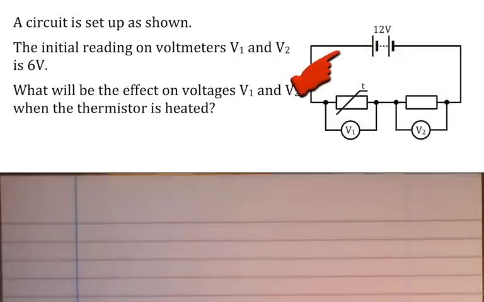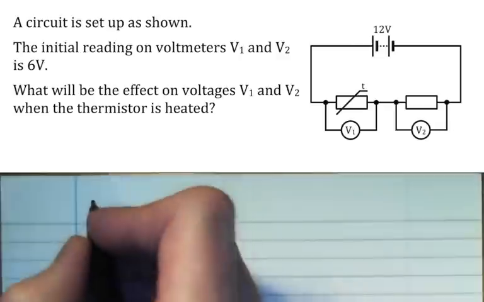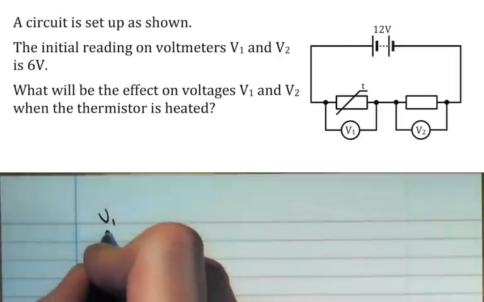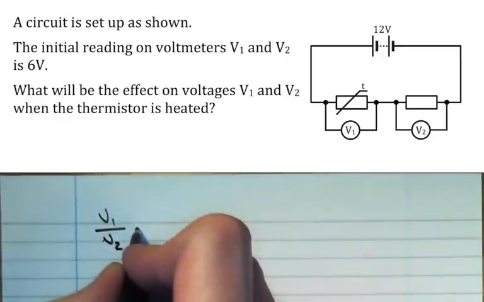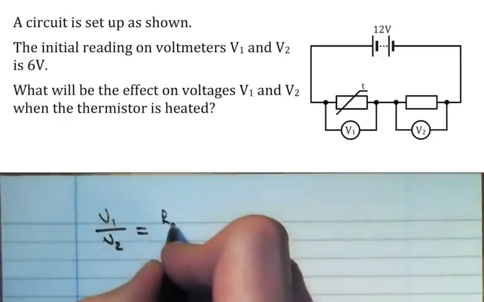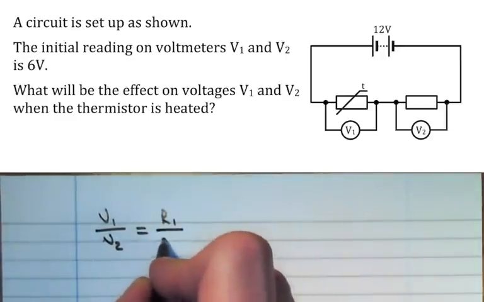Okay? Now if we look at the question, it says a circuit is set up as shown. The initial reading on voltmeters V1 and V2 is 6 volts. So we know, there is another equation I've not mentioned yet, which can be useful: the ratio of the voltages V1 over V2 is equal to the ratio of the resistances.